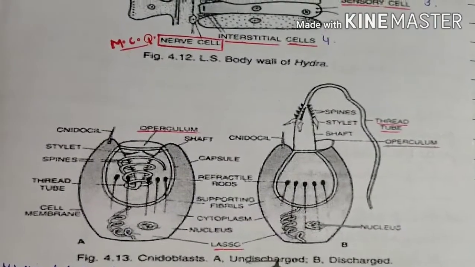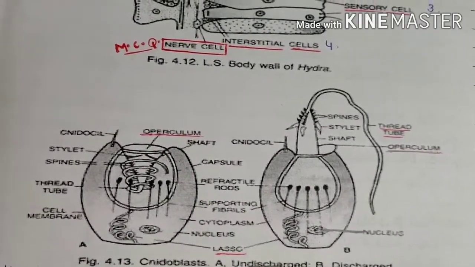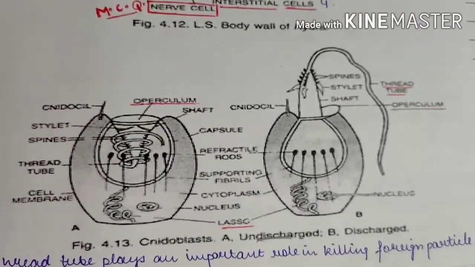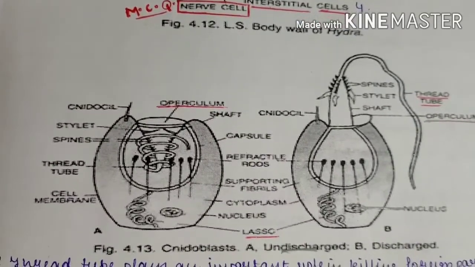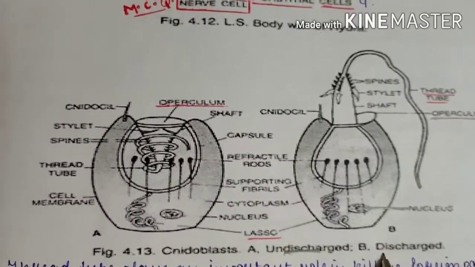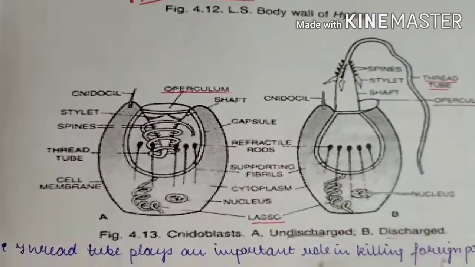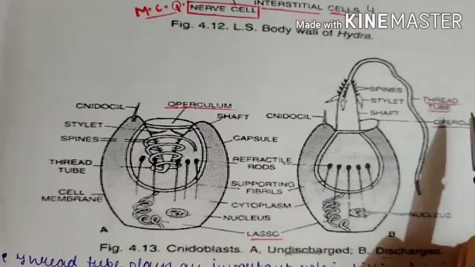Undischarged nidoblast means the nidoblast which has not ejected hypnotoxin yet, but the discharged nidoblast means they have discharged the hypnotoxin already. So this is the thread-like tube, as we have discussed earlier.